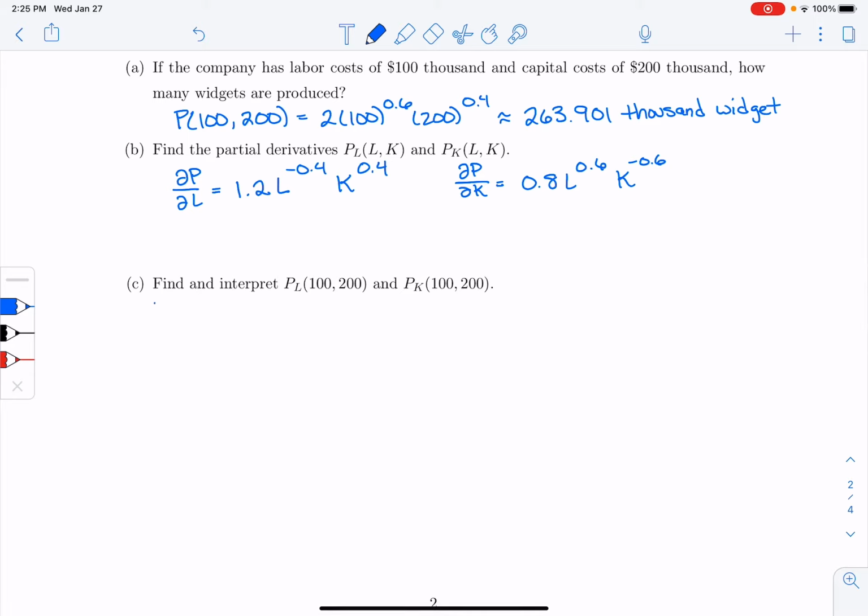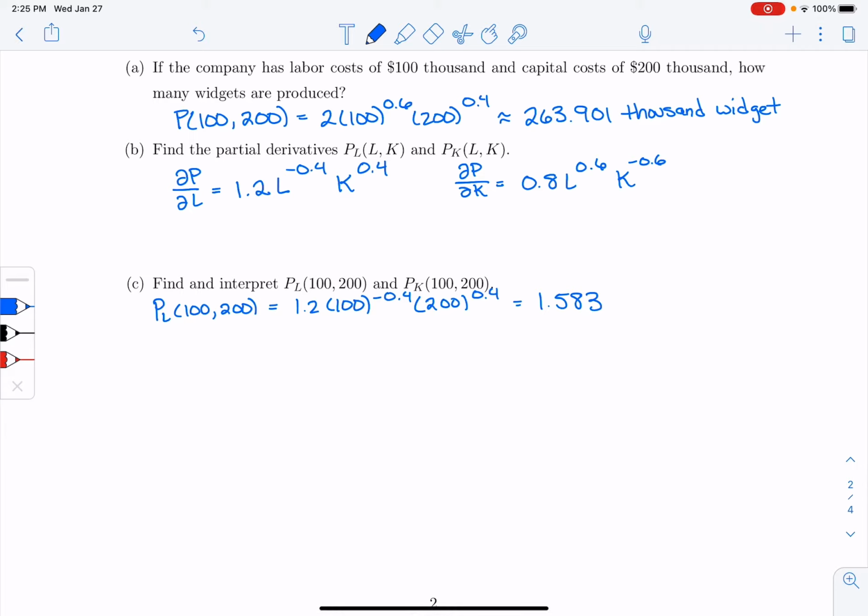So let's start with the partial derivative with respect to L at 100 and 200. So what is 1.2 times 100 to the negative 0.4 times 200 to the 0.4? Well, that equals 1.583. And now what does that mean?